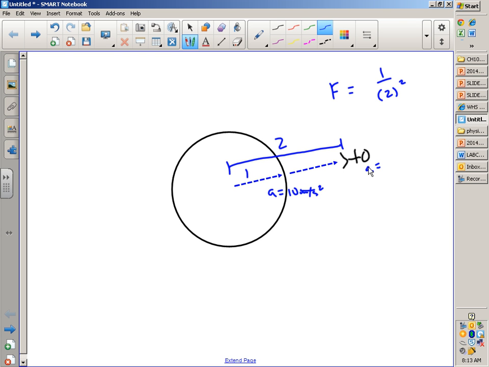Because, Andy, what is 2.5 compared to 10? 1/4. So even though we only went twice as far, we're experiencing 1/4 as much gravity.